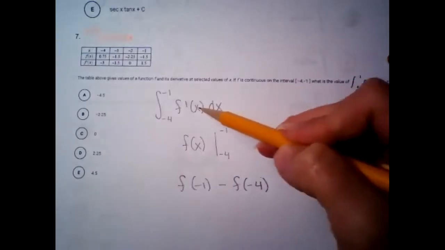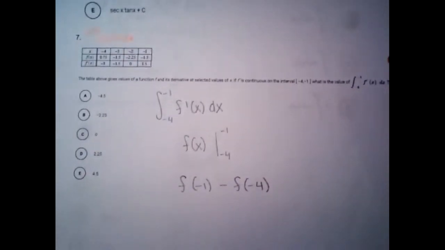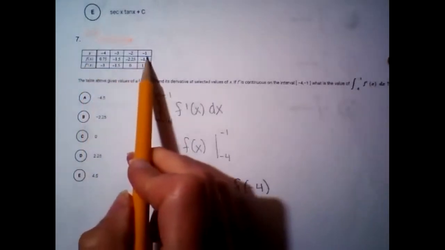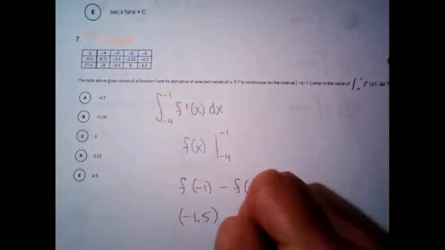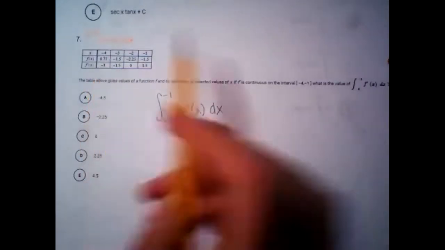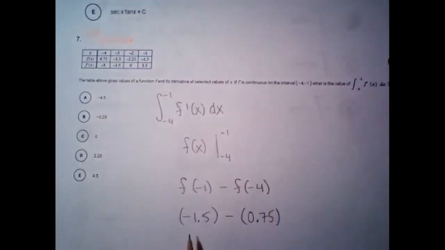So again, I did the antiderivative, and then we're going to do upper boundary minus lower boundary. So looking at the table here, f of -1 is -1.5. And then f of -4 is 0.75. So subtracting those would be, what is that, -2.25?